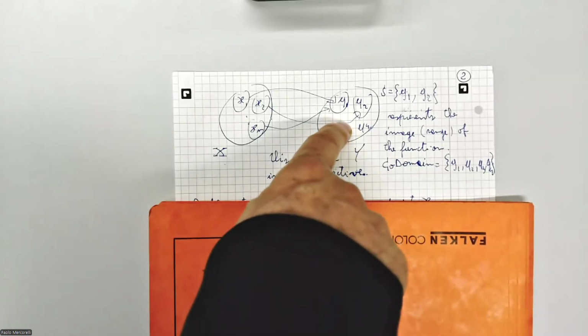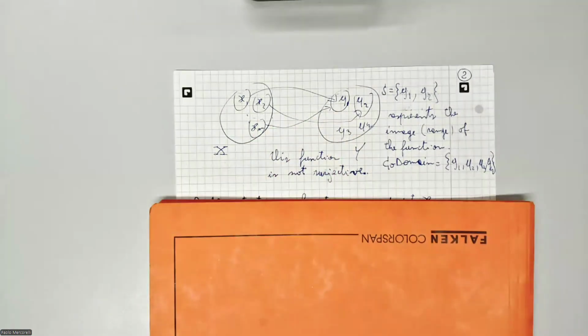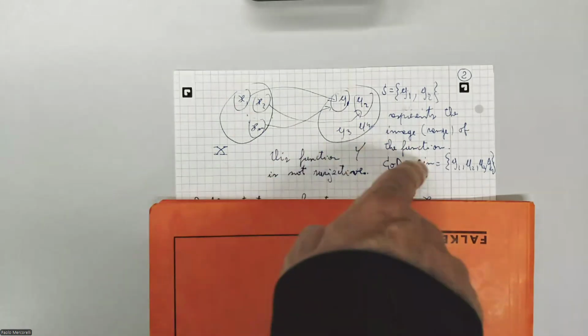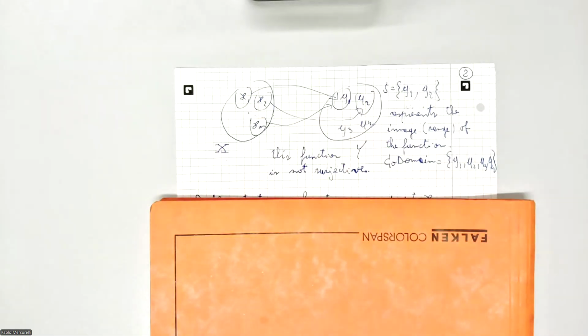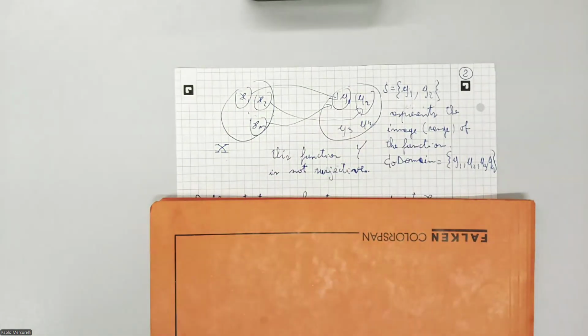Okay, this means that if the codomain is not totally covered by the transformation, speaking roughly without a formal definition, then we will go in depth in the formal definitions. We are speaking about the transformation not being surjective. If I cover all elements of the codomain, we say it is surjective. And in this context, now I can clarify the difference between image and codomain.